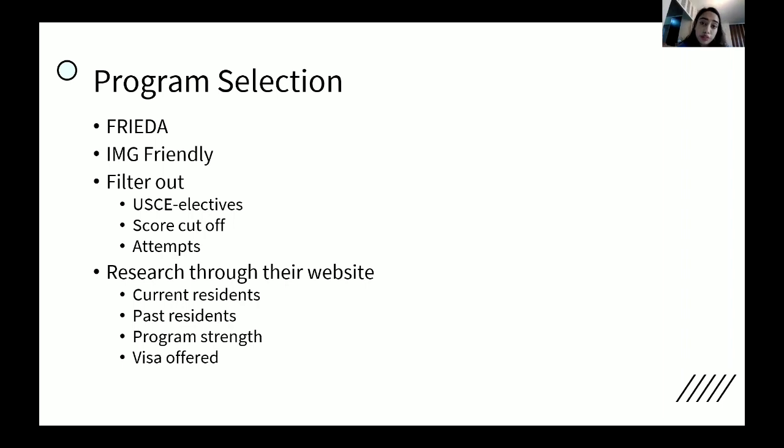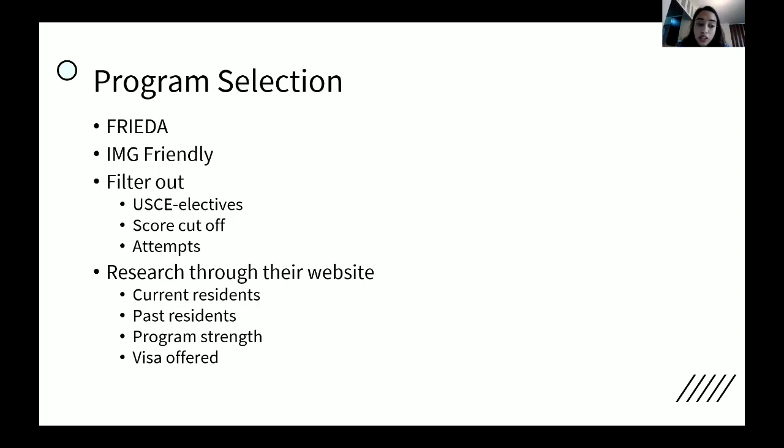And when you're looking through the program, look at the program's trends, look at what they place emphasis on, what they want from you, because these are things you can talk about in the interviews if you're offered one. And look at the visa offered, look at H1 and J1 visas, and then you can prioritize your way through it.